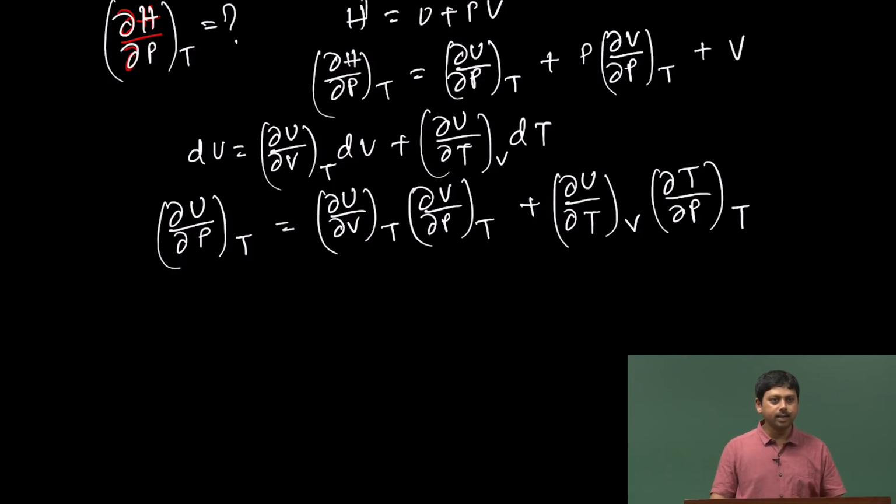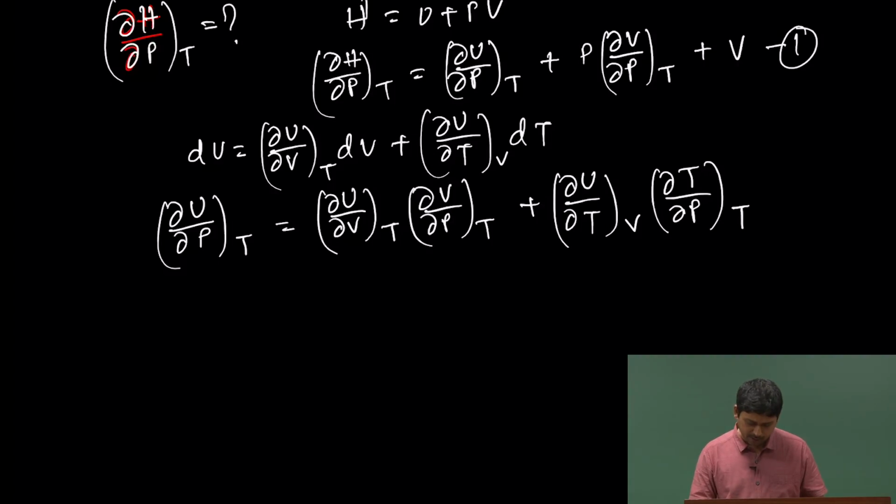So, am I doing it correctly till now? I have got equation number 1, and then I have equation number 2, which I have to put in equation number 1.